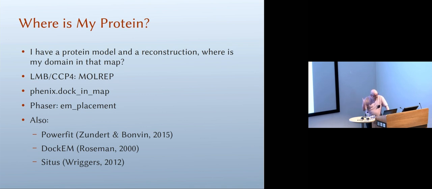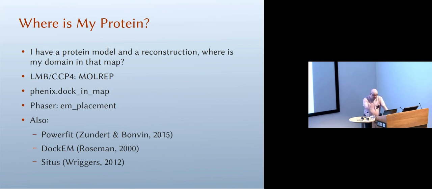So I think it's useful to call it in Cryo-EM molecular placement. The tool that myself and my colleagues have been using here is MolRep, but there are other tools available, Phoenix, Docking Map, and EM placement. More on that in a moment.